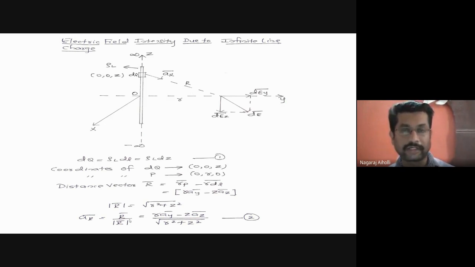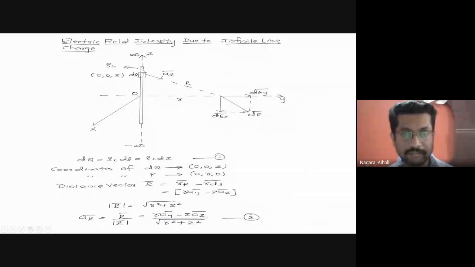curl of the vector. The next topic we are studying is the electric field intensity due to infinite line charge. That is, we are finding the value of the electric field intensity due to infinite line charge. As I told, line charge means the charges are present here on the z axis in the form of a line. We are considering this line, the z axis, on which the charges are present.